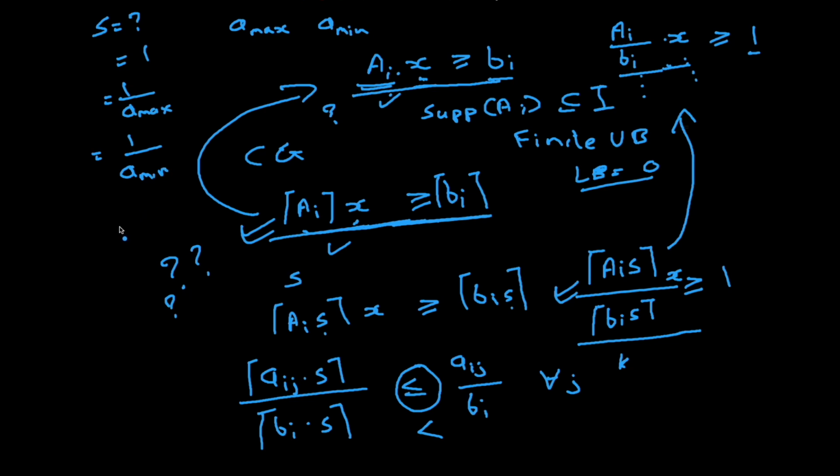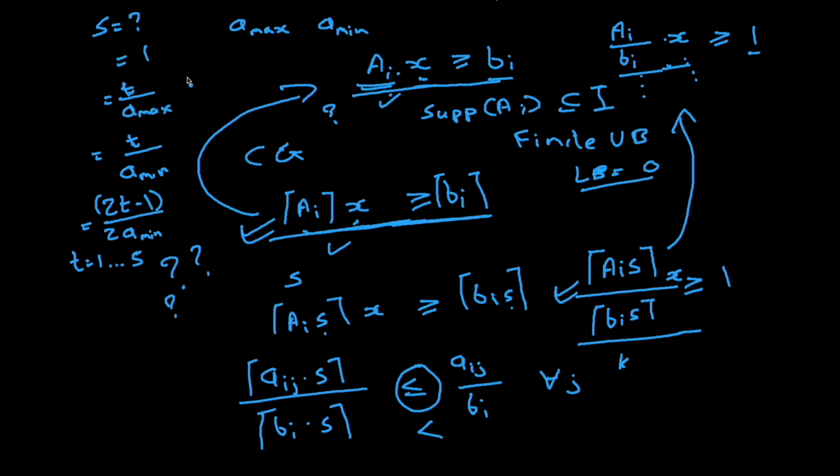What else do they try? They try (2t minus 1) by (2 times a min), for t equal to 1 to 5. Here also it is not just 1 over a max, it's 1 over a max, 2 over a max, so basically t over a max, and here t over a min.